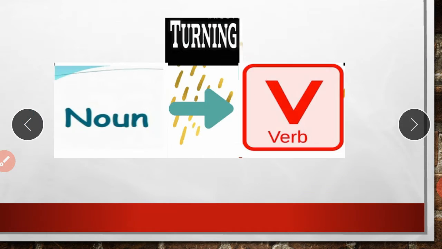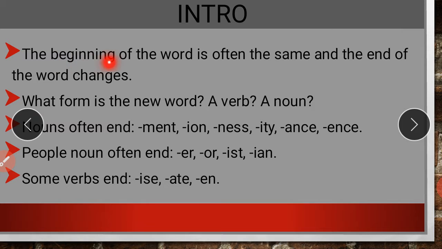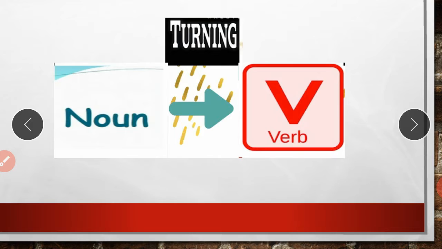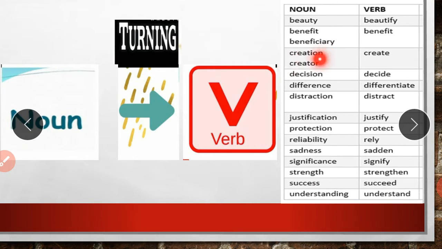So see here, I have given you that the beginning of the word is often the same. You have to notice well that the beginning of the word is often the same, but the end of the word changes. Here it is given creation, create. So in create, the beginning of the word is always the same, but the end of the word changes.